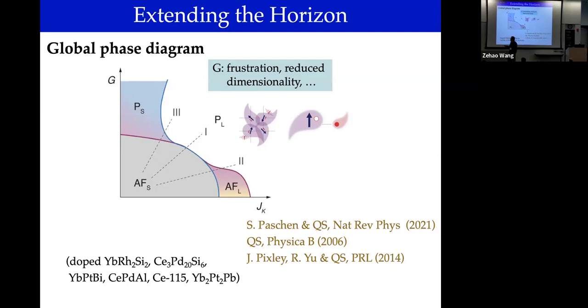Now, if we are going to consider possible topological states in a setting in which this strange metallicity is happening, it also opens up a two-way street of using correlation to generate new types of topological states, but also the other way around, using topology to enrich the correlation phase diagram. So that's very much part of the motivation.